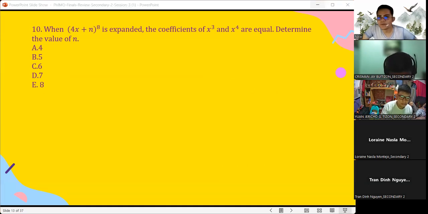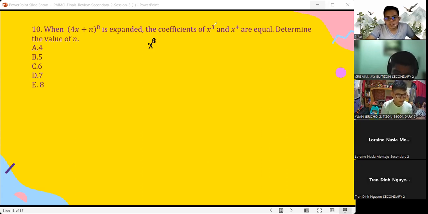Okay, number 10. When 4x plus n raised to 8 is expanded, the coefficients of x to the 3 and x to the 4 are equal. Determine the value of n. This is how you're going to solve it. Supposedly, you'll get x to the 8, right?